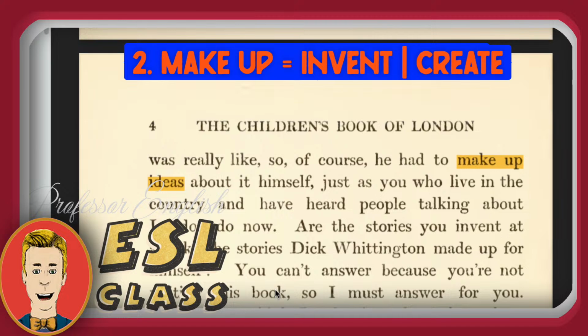He made up stories. He made up stories about Paris. We can also say he made stories about Paris up. Or let's do it like this. He made stories up about Paris.